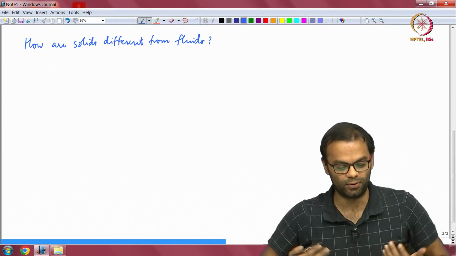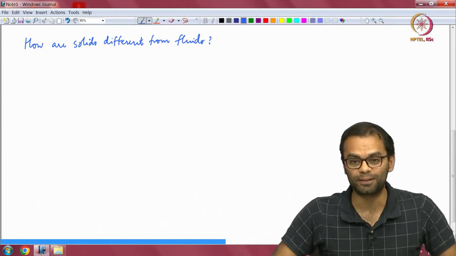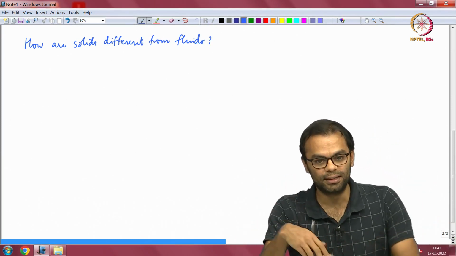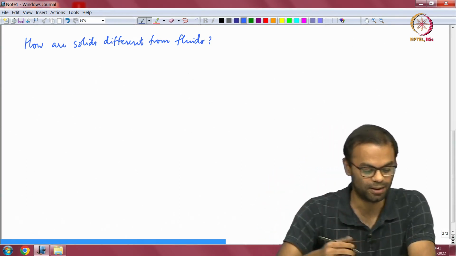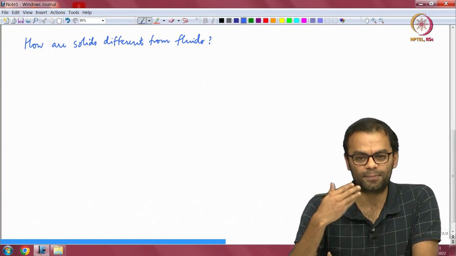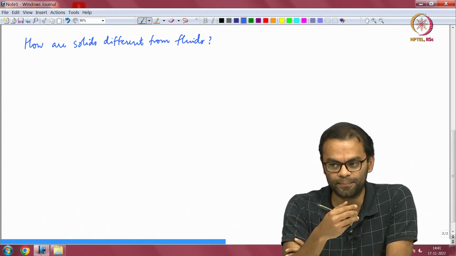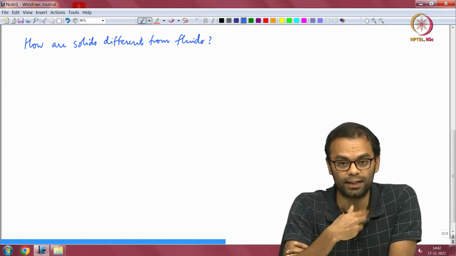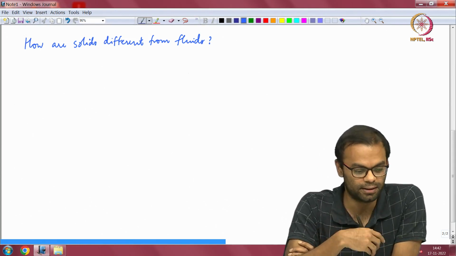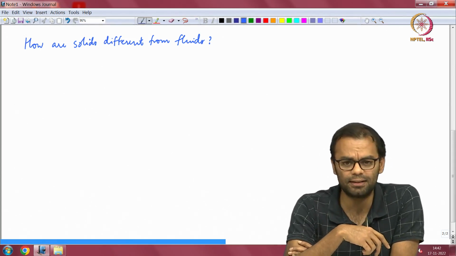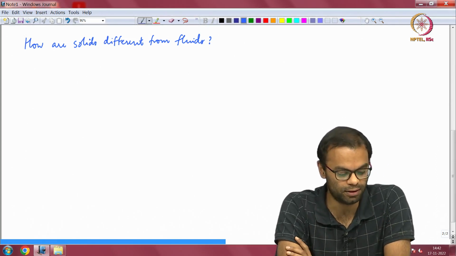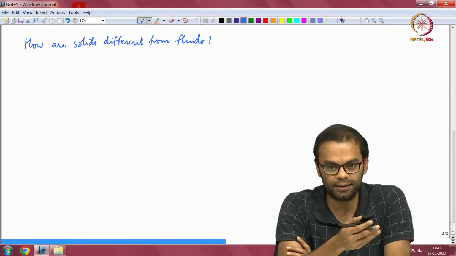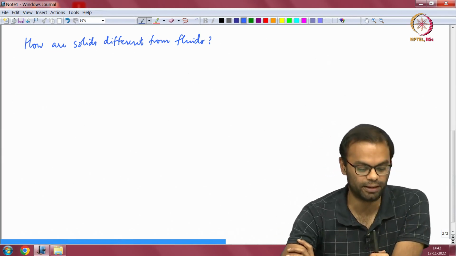If you go back to your high school textbook, you will see that solids retain their shape, liquids take the shape of a container and so on. But now that we are familiar with the machinery of tensor calculus, vector calculus, matrices, linear algebra and so on, some of which was covered a little earlier in this course, we can give a very specific distinction between these 2 types of materials.